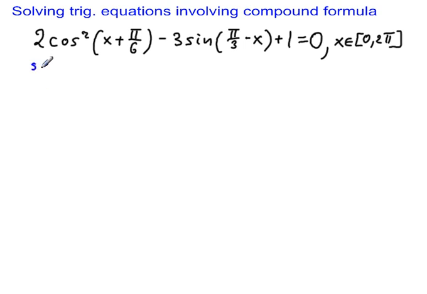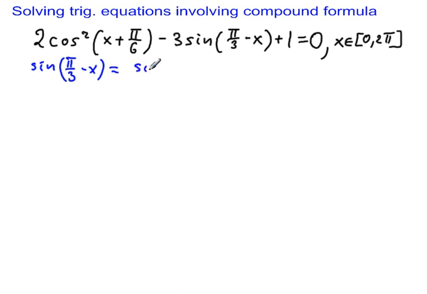So this is additional work that we have to perform before we start solving. Sine of pi over 3 minus x. So this is the difference, the subtraction formula.